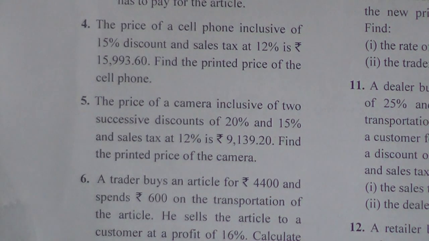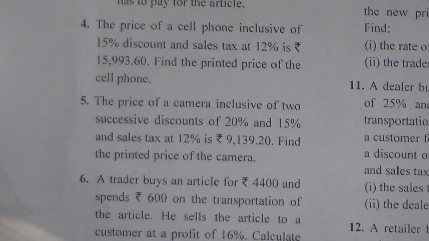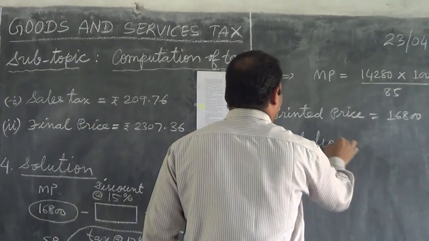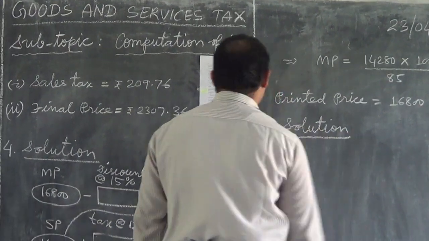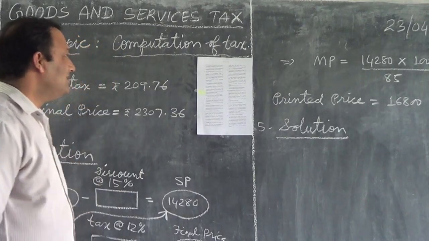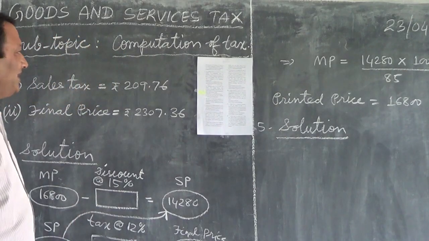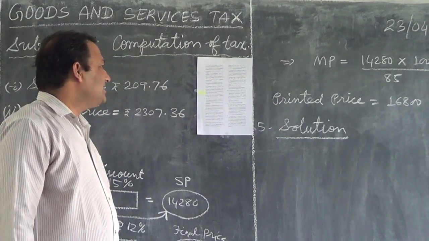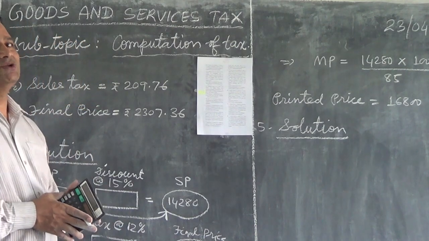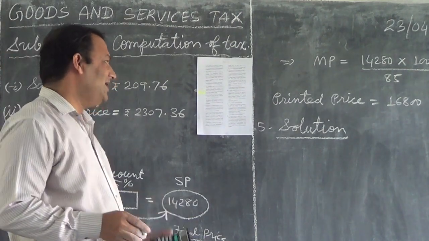Find the printed price of the camera. Okay. This is also a reverse problem, because final price is given and it is asking us to find the printed price. So I suggest do it in the modeling method.